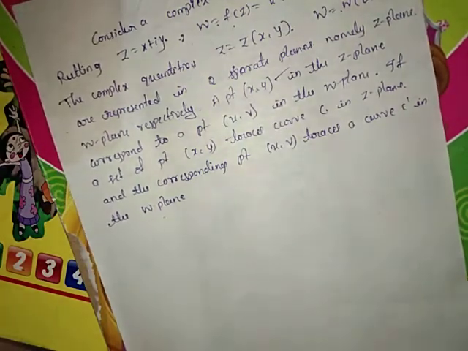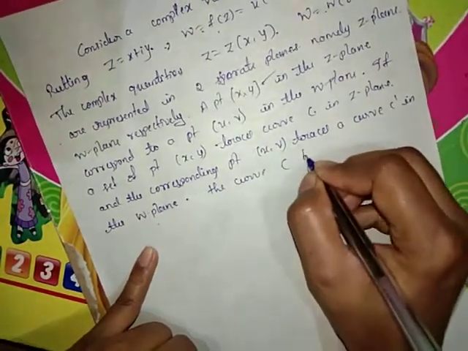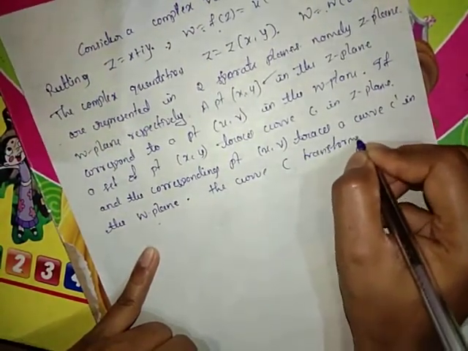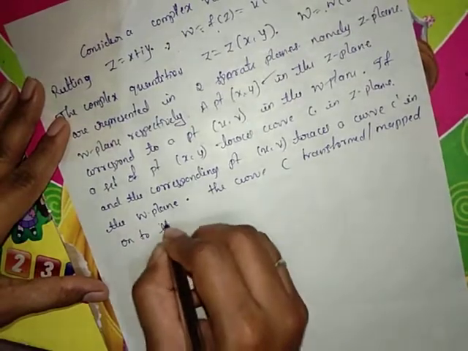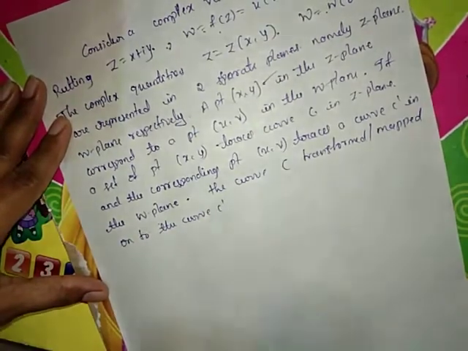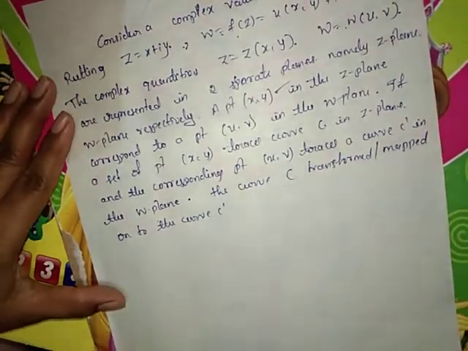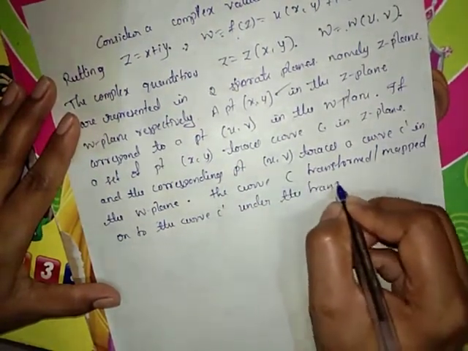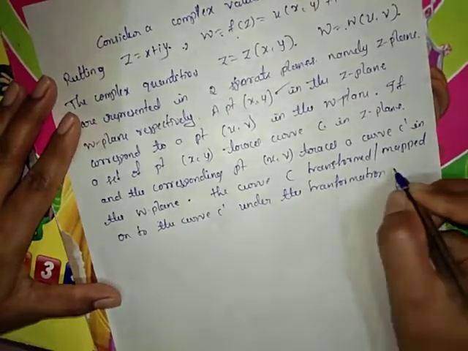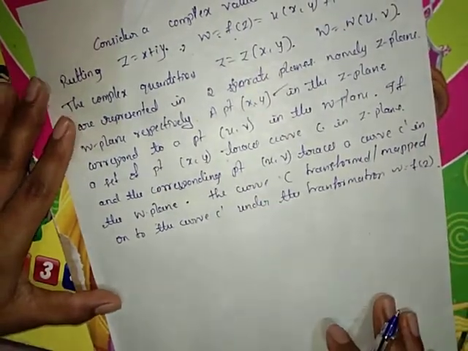So the mapping of the curve means the curve C is transformed or mapped onto the curve C dash under the transformation w equals f of z, and these are the sets of points u comma v and x comma y.